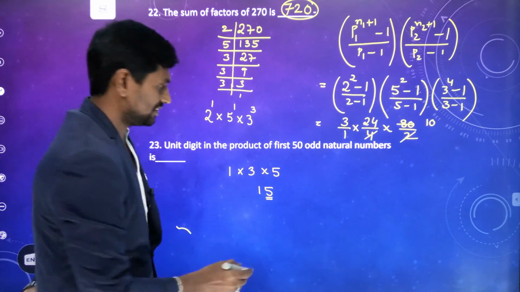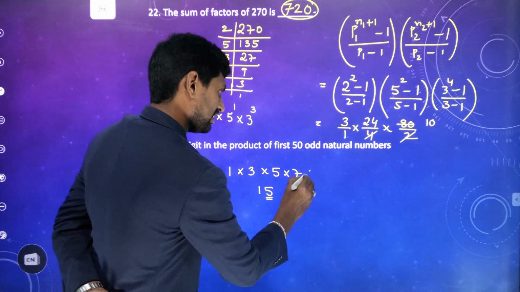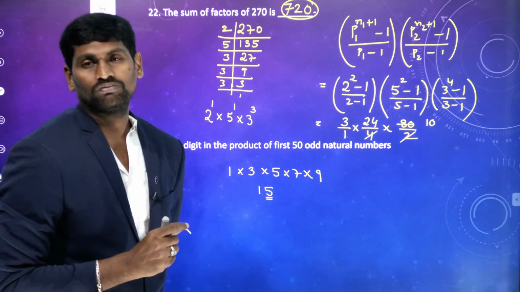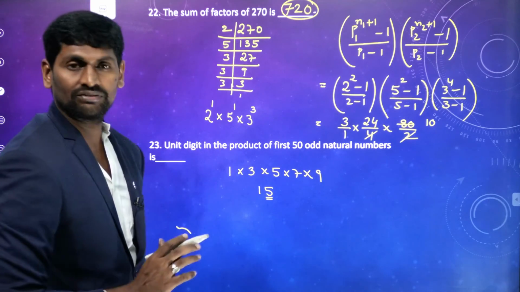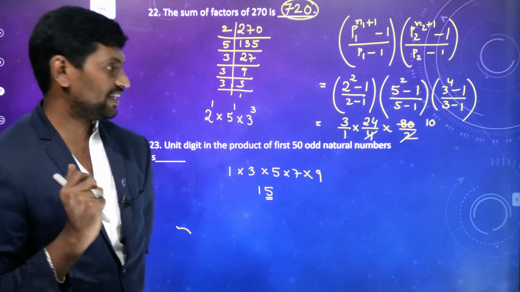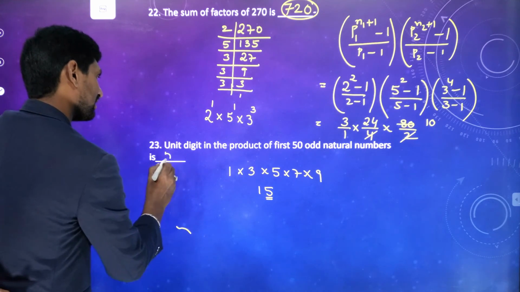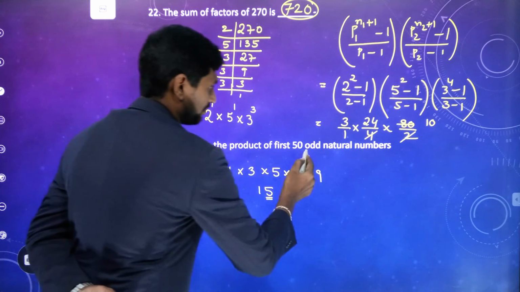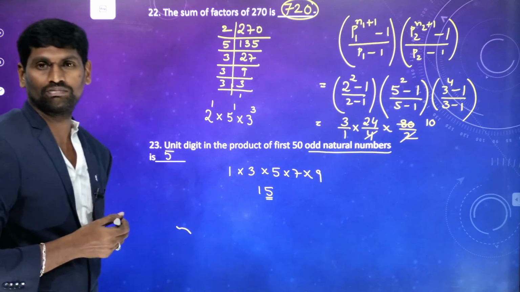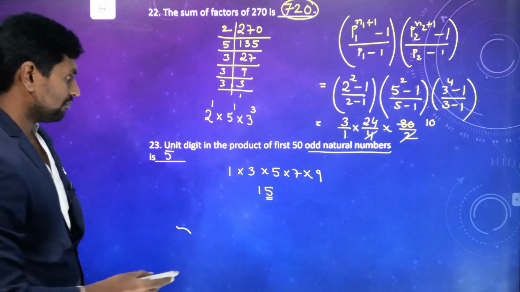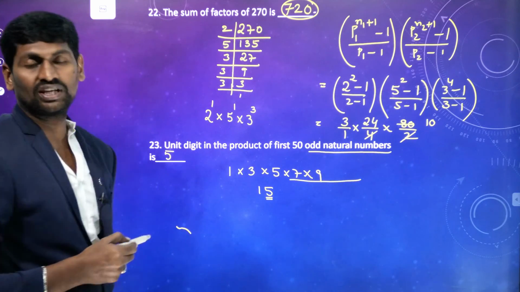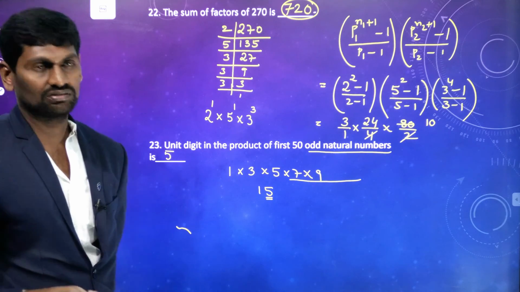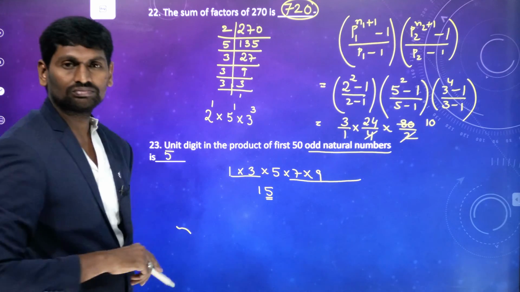You can check. So what is the units place here? Because these are all odd natural numbers only, no? When 5 starts, from here onwards all will give the last digit 5.